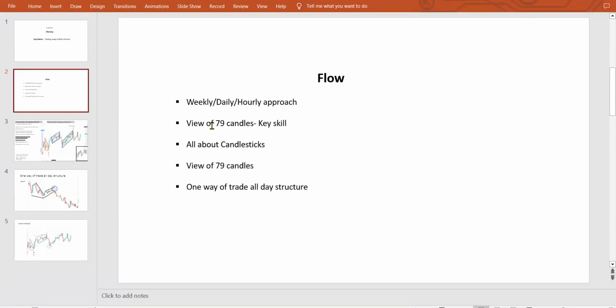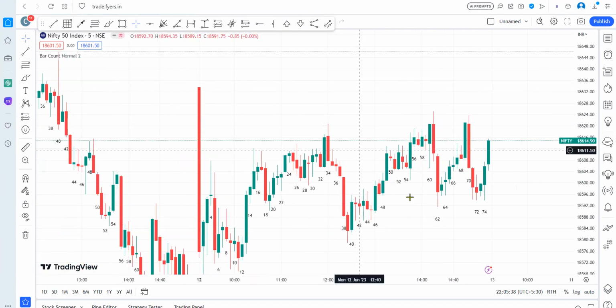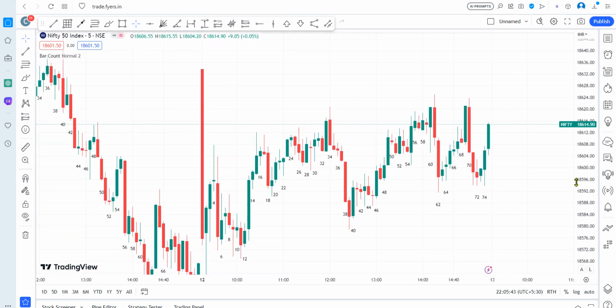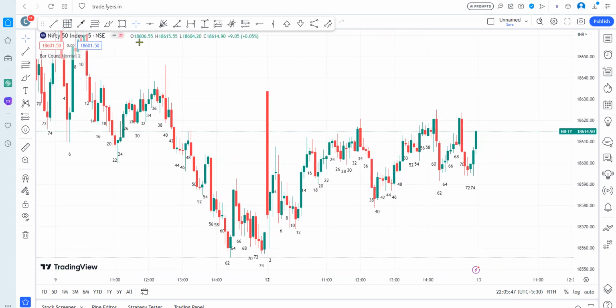Let's go for the overall view of today's chart with numbers. So why I consider a bullish day, trading range bullish day.